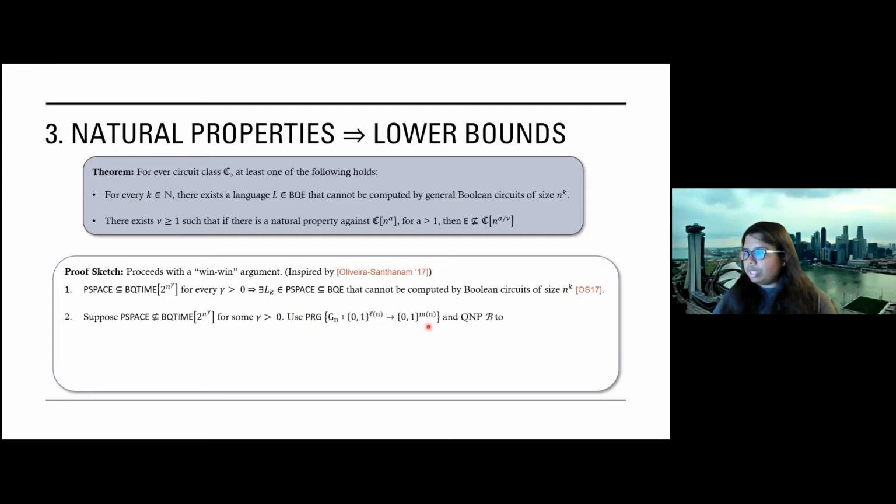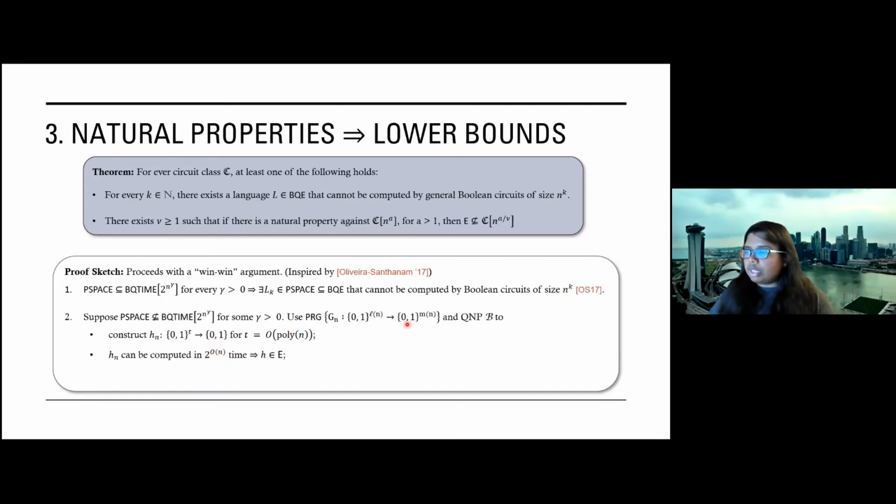By our assumption, that gives us a secure PRG. And I also have an assumption that there is a natural property. So let's say that natural property is B. And what am I going to do with them? I'm going to explicitly construct a function Hn. I will have to show that Hn is actually computable in 2 to the O of n.